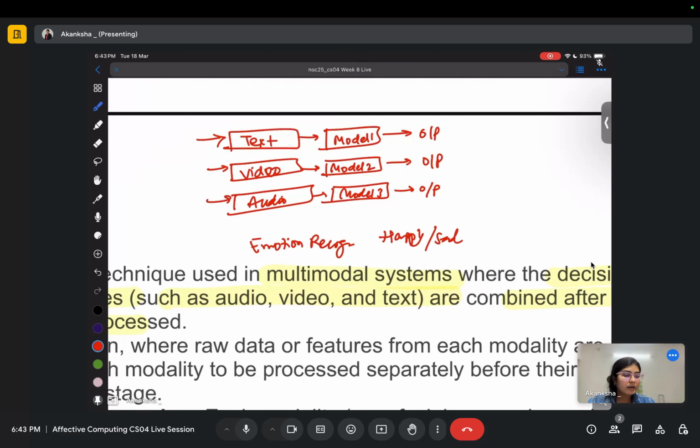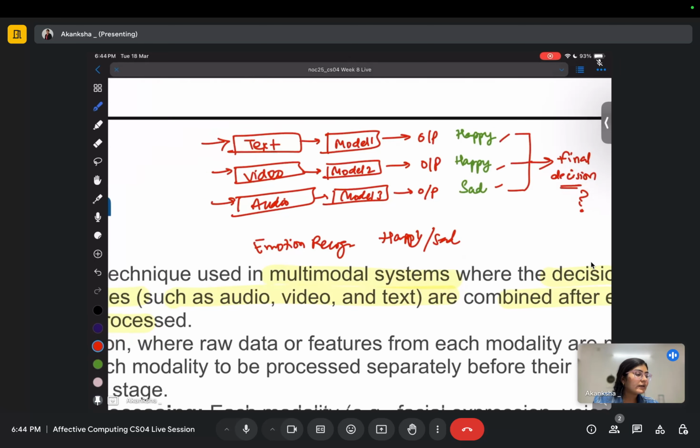Now you use these models to predict some value. Let's say this model tells you it is happy, then this model also tells you it's happy, but this tells you it's sad. That means, how are you going to assign the final label? So the final label will be a combination of these, happy and sad. So what mechanisms can we use to make the final decision or final label?